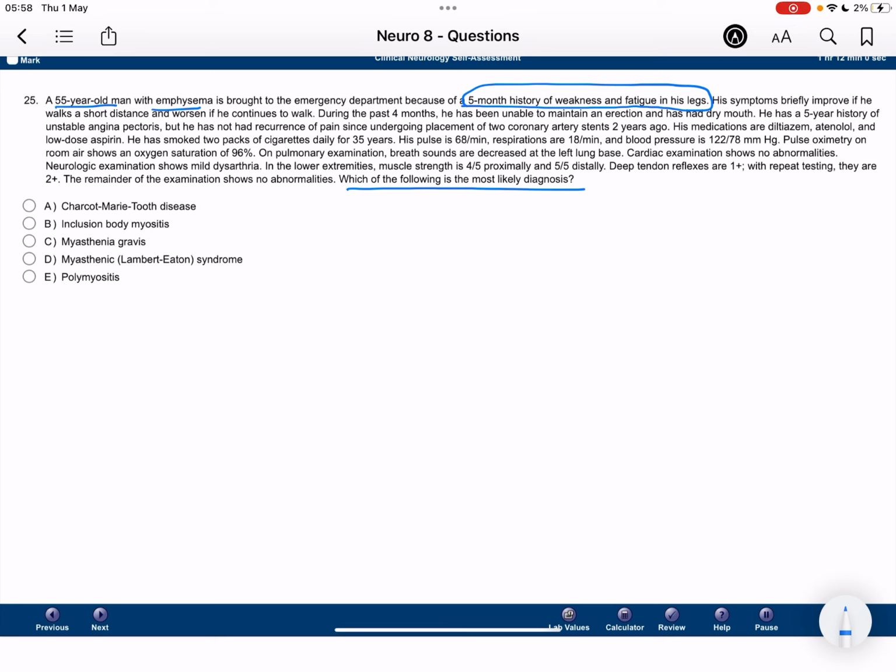So he's talking about some chronic problem, chronic issue of weakness and fatigue. One most important thing. His symptoms briefly improve if he walks a short distance and worsen if he continues walking. So weakness worsening on activity.